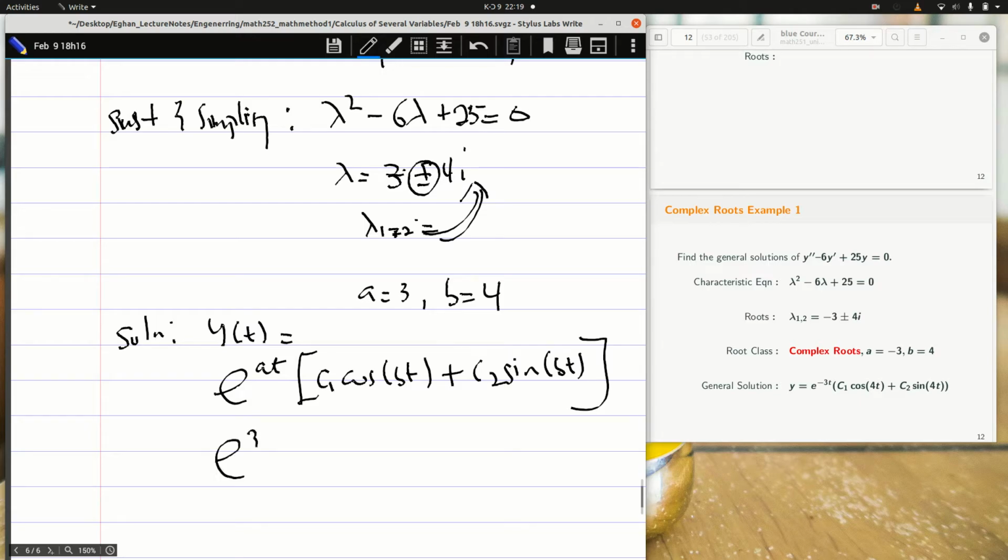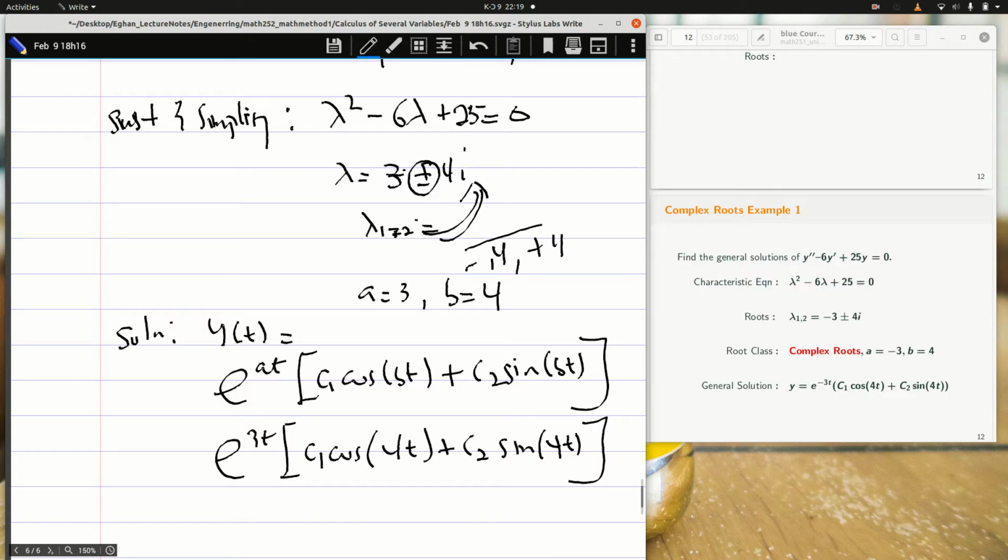A is 3, B is 4, it is not negative 4, it is not plus 4, it is simply 4. So we are taking the values, not the signs attached to it.